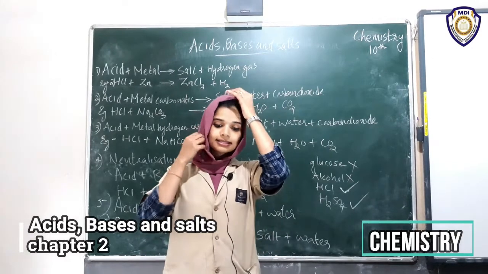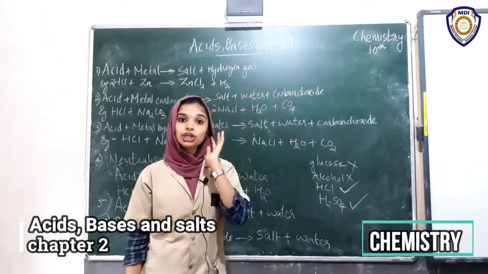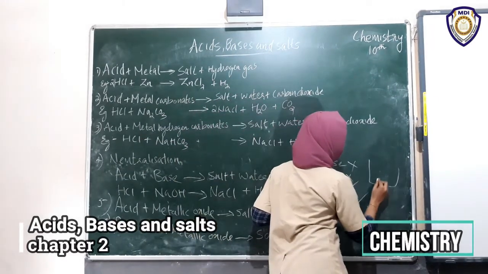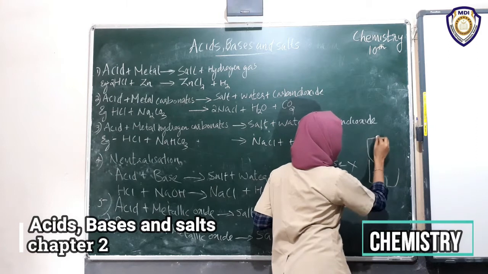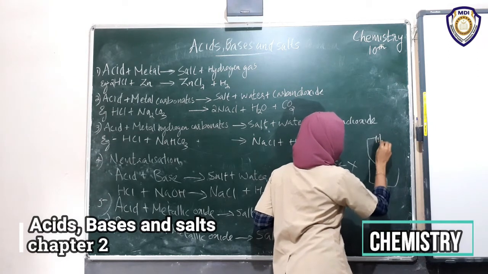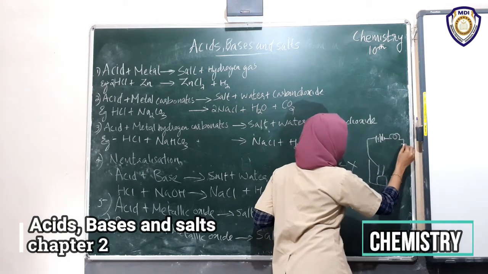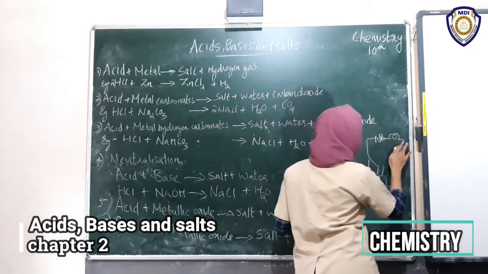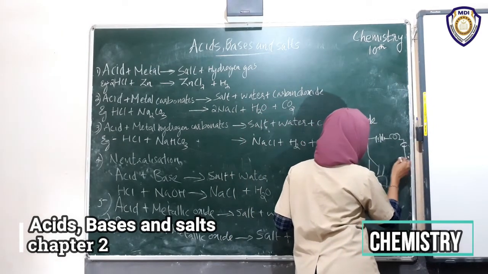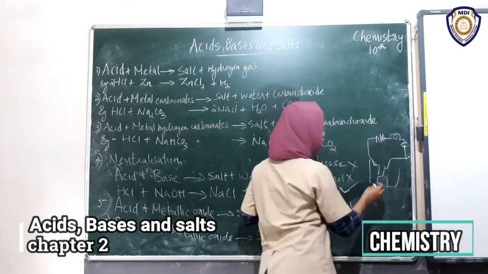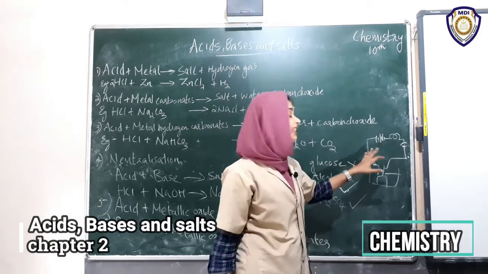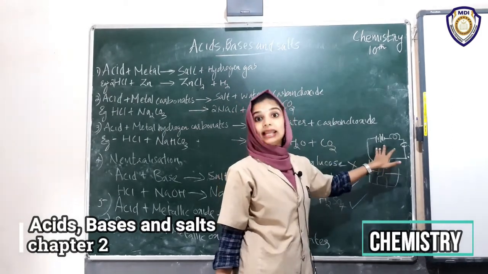The electric current is carried through the acidic solution by ions. In the outer circuit, the current is carried by electrons.